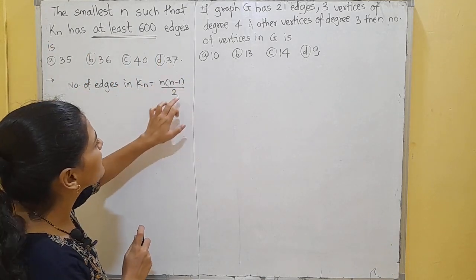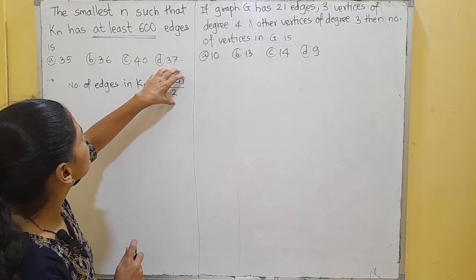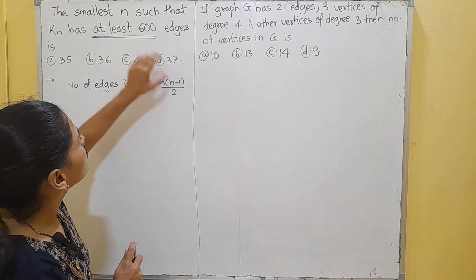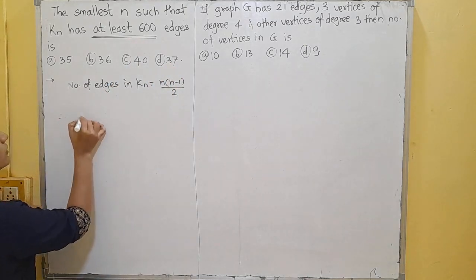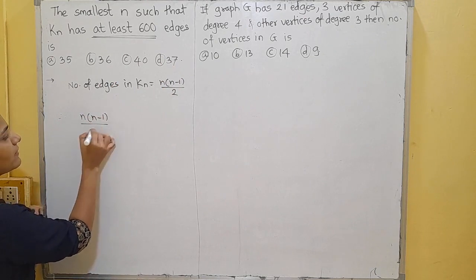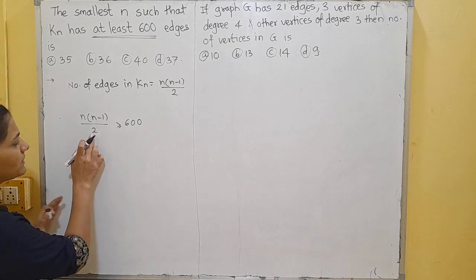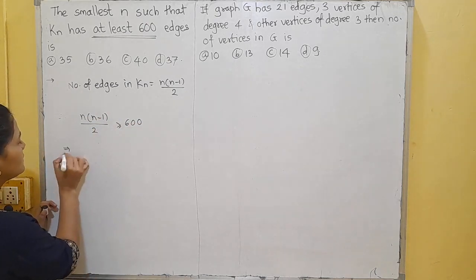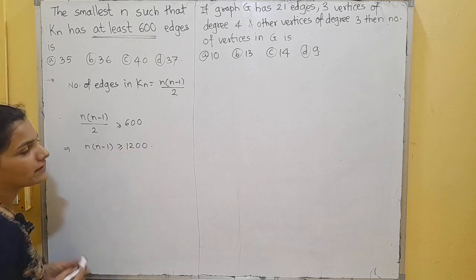That means n into n minus 1 divided by 2 is greater than or equal to 600. Shifting the 2 to the RHS, n into n minus 1 is greater than or equal to 1200.